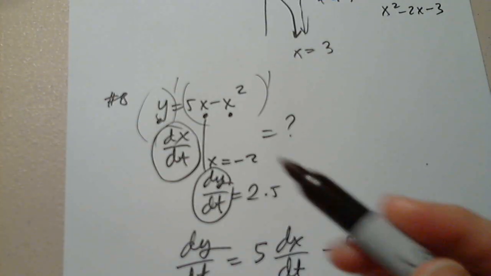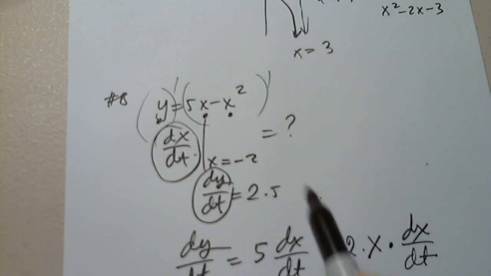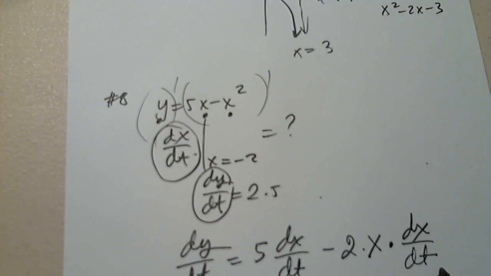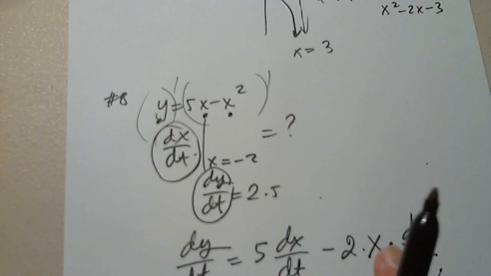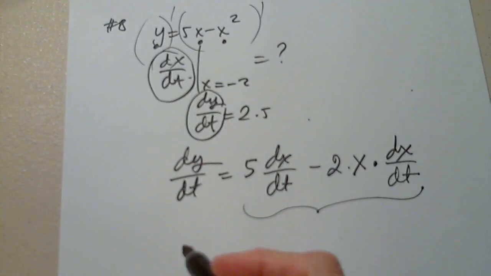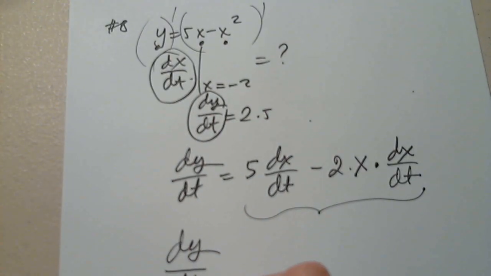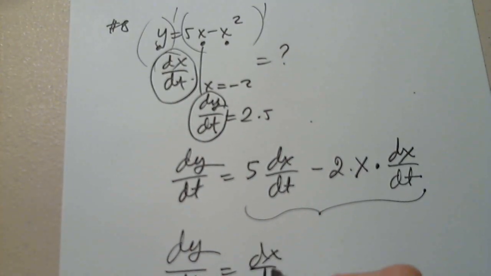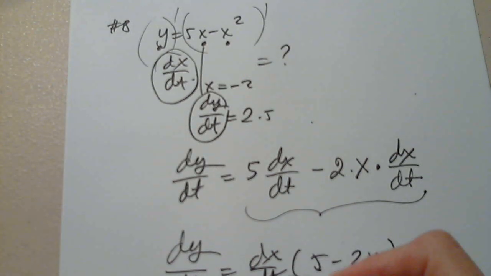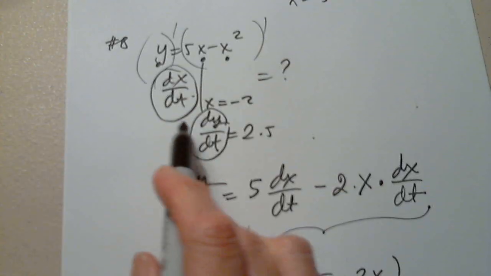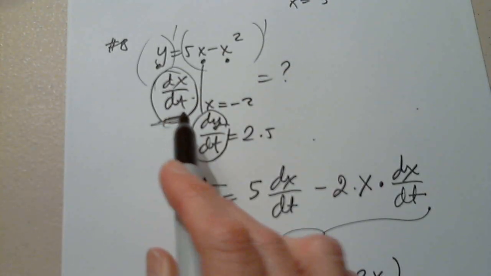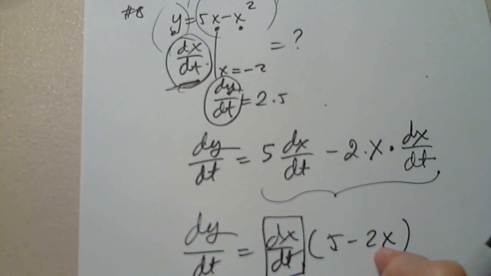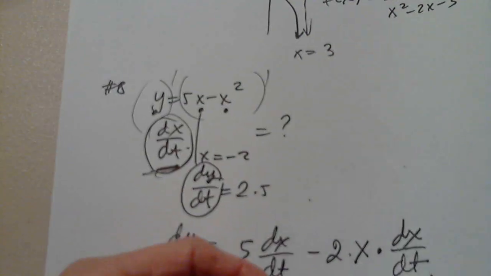They're asking us to find dx over dt, so I factor out dx over dt from these two terms: dy over dt equals dx over dt times (5 minus 2x). I'm solving for dx over dt, so it's this over this. Then I can plug in all the given information.